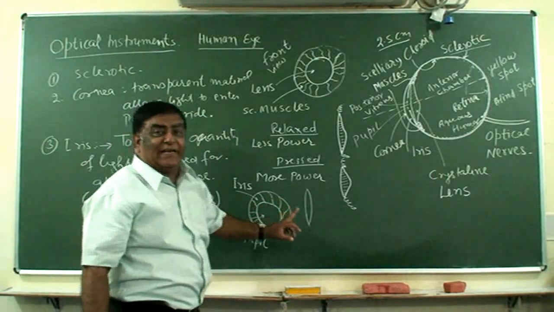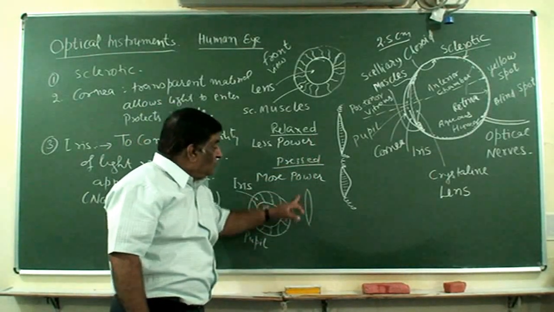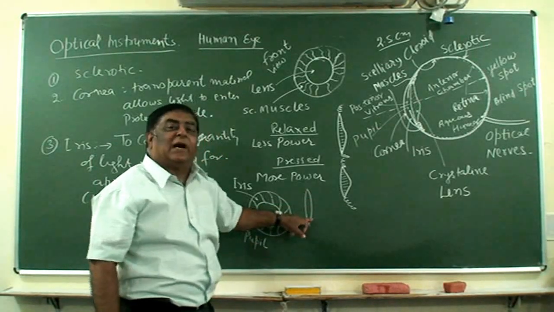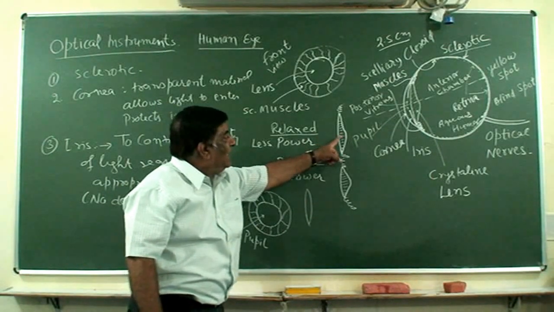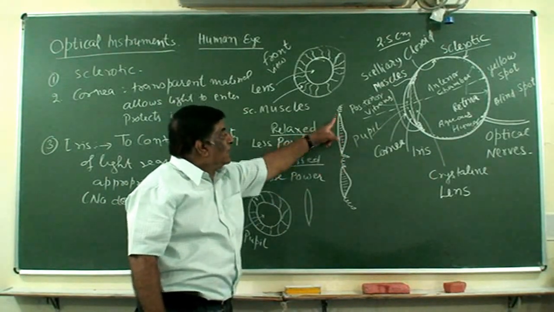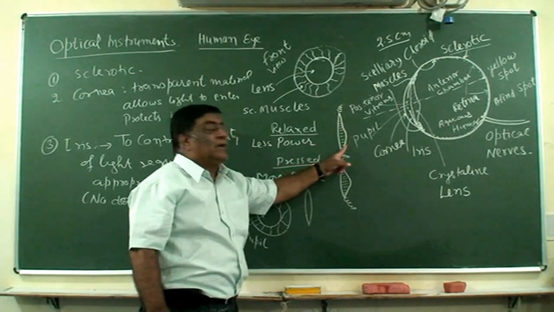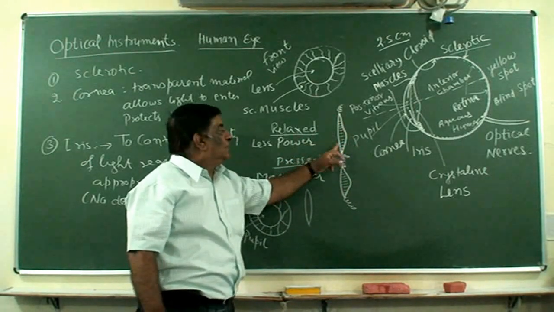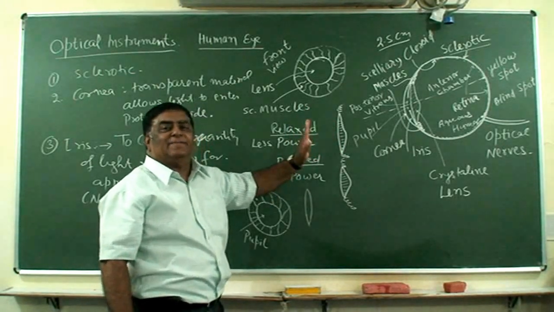It is a double convex lens, but these two radii of curvature are not equal. It's not a regular shape. The lens is nearly like this. It has got a large radius, less curvature. This side has got more curvature. So this is the shape of the lens if it is observed from the side.